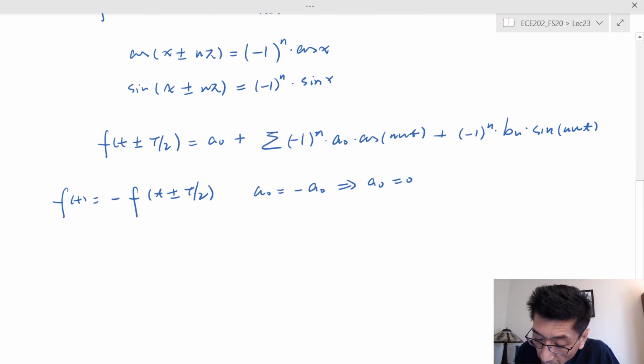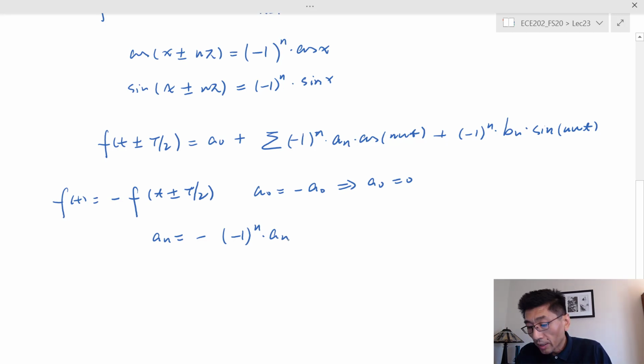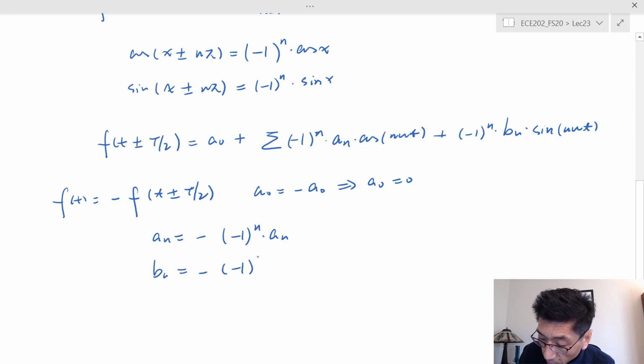We have a sub n, oops, I have a sub 0 here, and there should be a sub n. So a sub n should be equal to negative 1 to the power n times a sub n. And that means for n even, or also b sub n is going to be equal to negative 1 to the power n times b sub n.